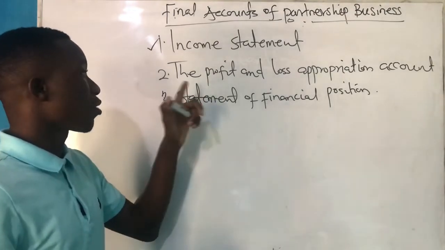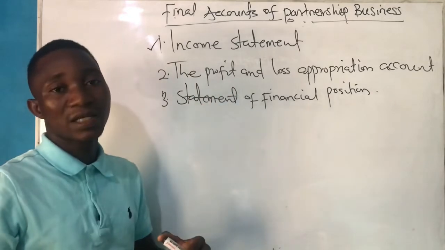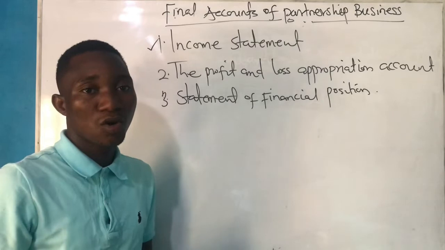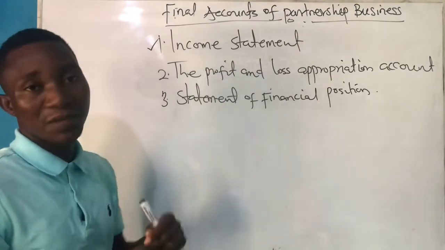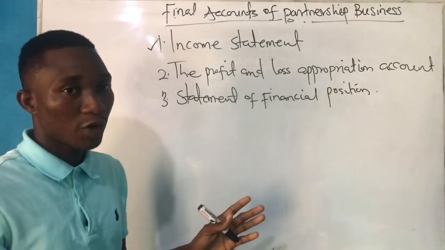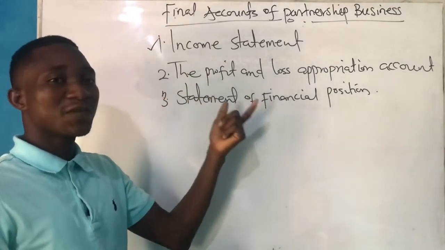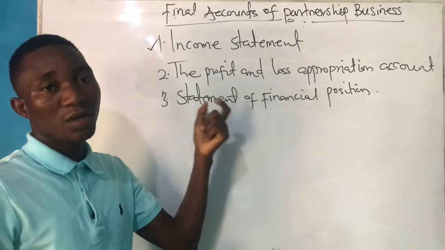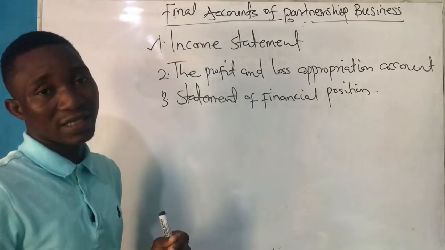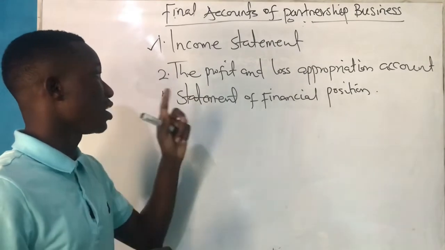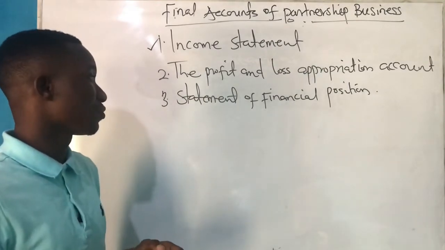However, it is the profit and loss appropriation account that is used to appropriate or share the profit or loss ascertained from the income statement between the partners. Is that okay? But mind you that there are certain adjustments that will be made on the net profit or loss ascertained from the income statement, and those adjustments are going to be taken care of in the profit and loss appropriation account. Is that okay?